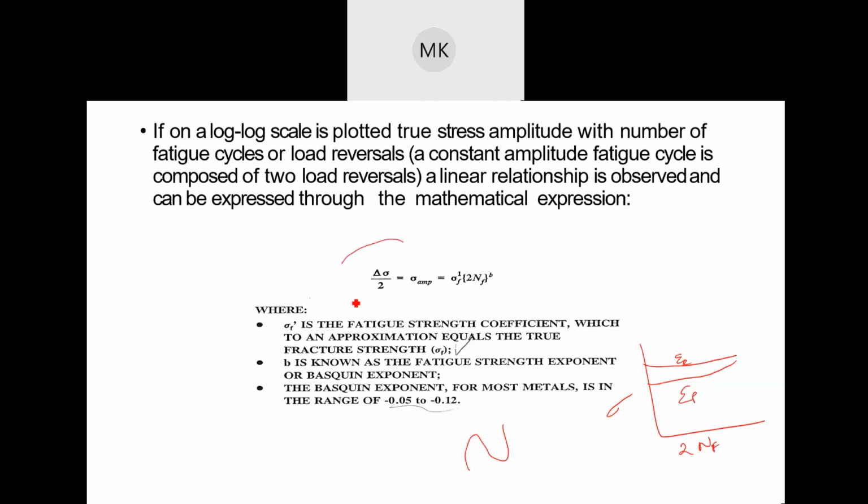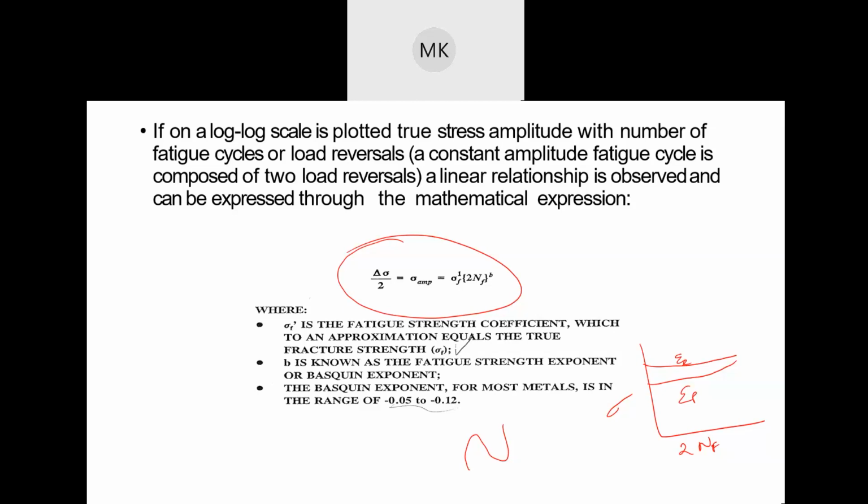and that can be mathematically written as this curve over here, where this is how you get your Basquin exponent for your equations. This is done from low cycle fatigue testing of materials, and we'll talk about it later.